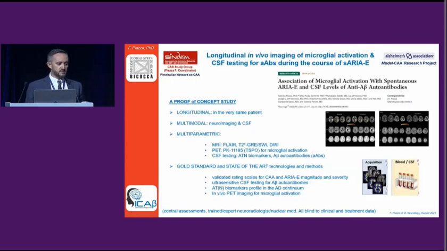So we designed this proof of concept study where we looked longitudinally, in a multimodal and multiparametric fashion, at radiographic ARIA-E by MRI, in vivo PET imaging of activated microglia with the TSPO tracer, and paired CSF testing of ATN biomarkers and anti-A-beta antibody. We also tried to apply all the gold standard rating scales and systems used today in clinical trials, such as the Salloway and the Barkhof scores.